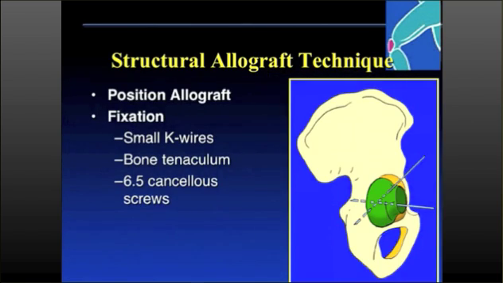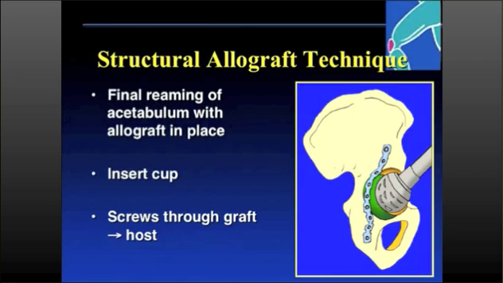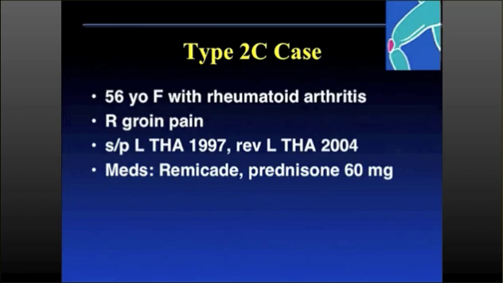The graft can then be positioned in place and fixed either with K-wires or a bone tenaculum or even cancellous screws. If you have a major posterior wall or column deficiency, this can be augmented with a pelvic reconstruction plate that bridges the ilium with the ischium, and you can place screws through the graft into the host. You can then do your final reaming of the acetabulum with the allograft in place. You can insert your cup and place additional screws through the graft into the host bone.